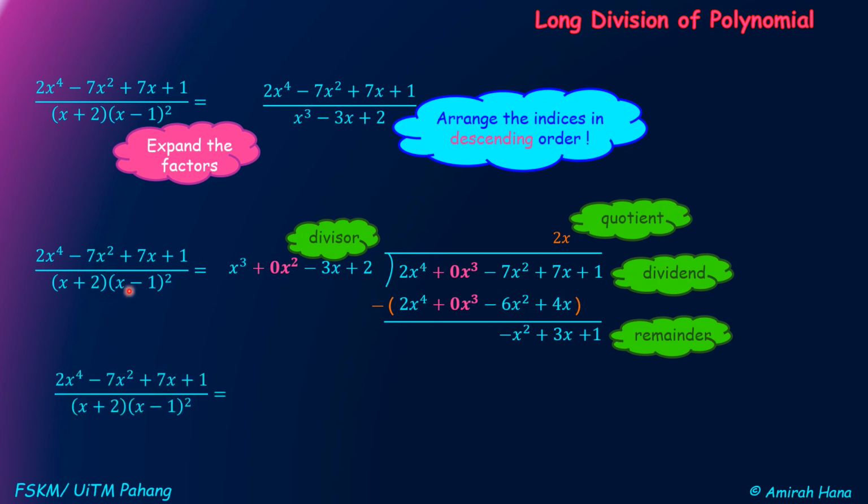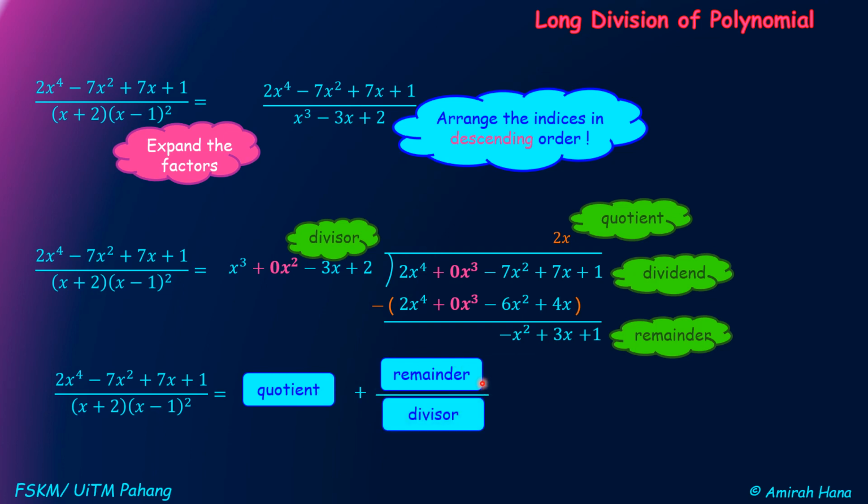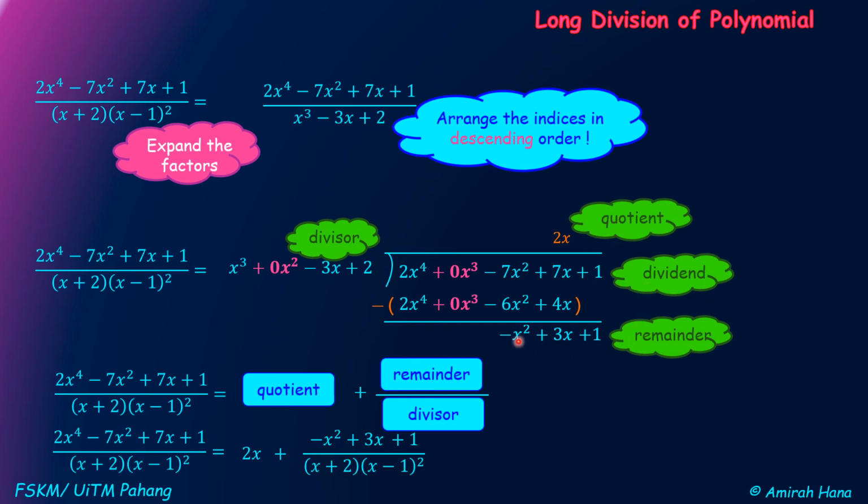We can write the rational function as quotient plus remainder over divisor. The quotient is 2x, plus the remainder, negative x squared plus 3x plus 1, over the divisor. The divisor is x cubed minus 3x plus 2, which is equivalent to x plus 2 times x minus 1 squared.